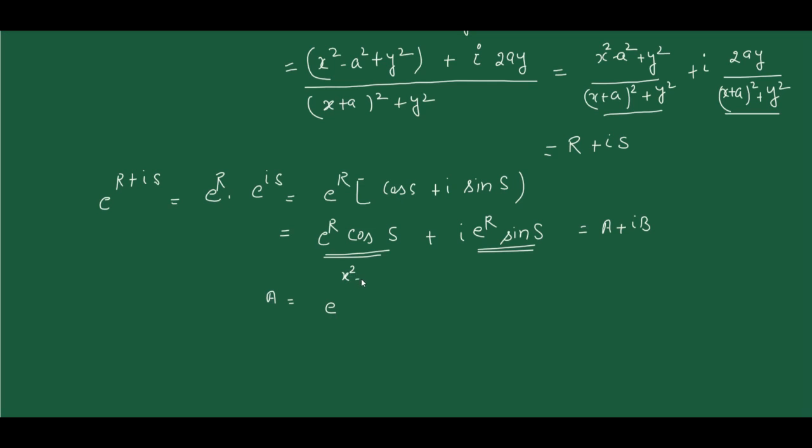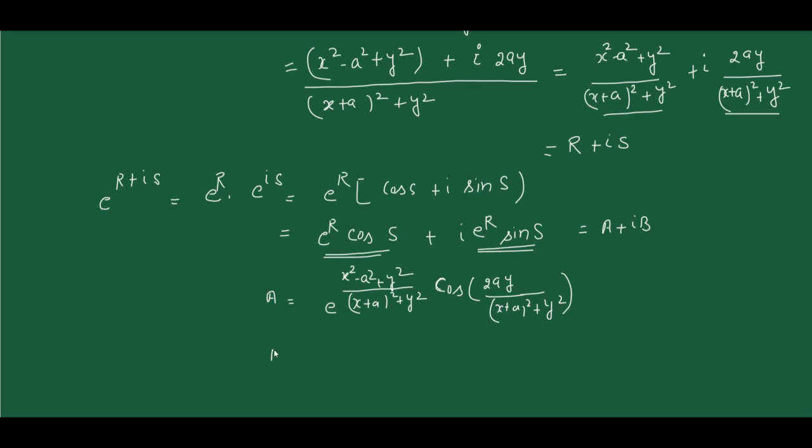X square minus a square plus y square divided by x plus a whole square plus y square. So this will be in the exponent of a, because a is e raised to power r, and then cos s. S is 2ay over x plus a whole square plus y square.